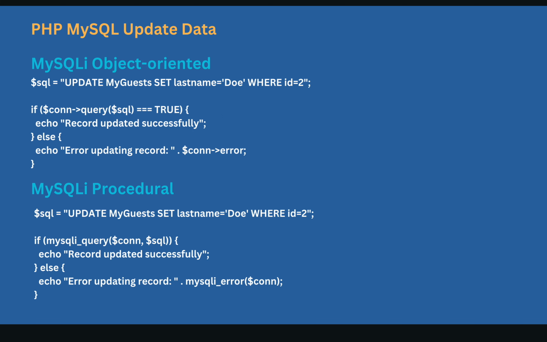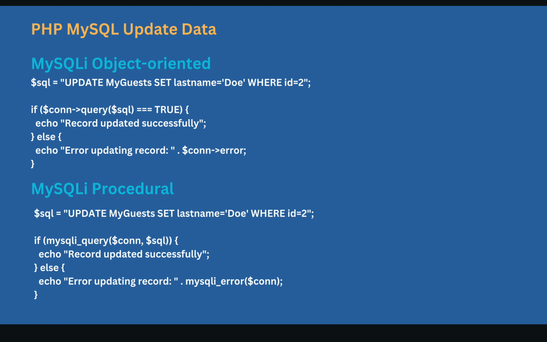Now another thing is the update. You want to update some of the data in the database, right? So for that, what is the SQL query for update records? Update table name, then set, then column name and some values, right?